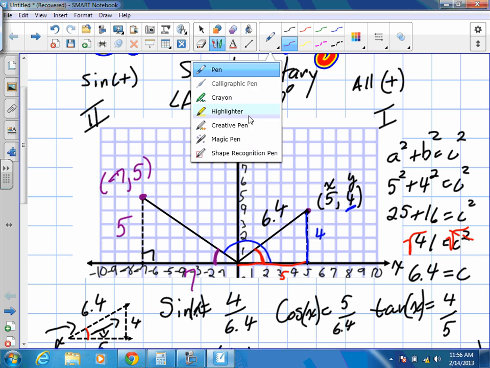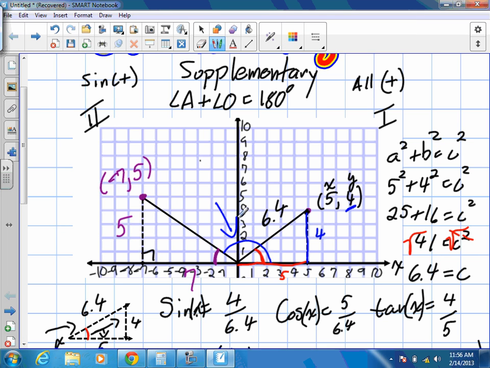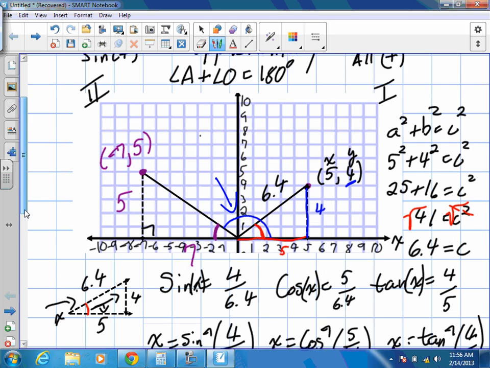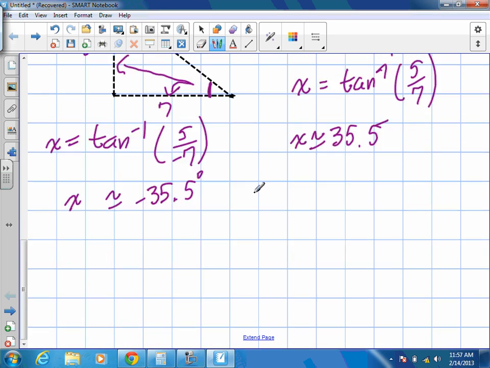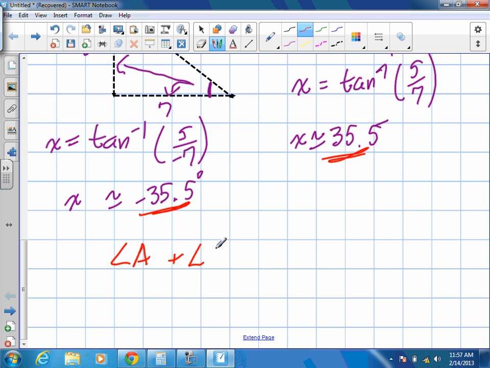How do I solve for this obtuse one? Remember, we talked about it being a supplementary angle. So we said that the acute angle, and this would be an acute angle less than 90, plus the obtuse angle is equal to 180. Well, we have the acute angle, right? We know it's going to be 35.5. So we have 35.5 plus the obtuse angle is equal to 180. But we want to isolate for the obtuse angle.